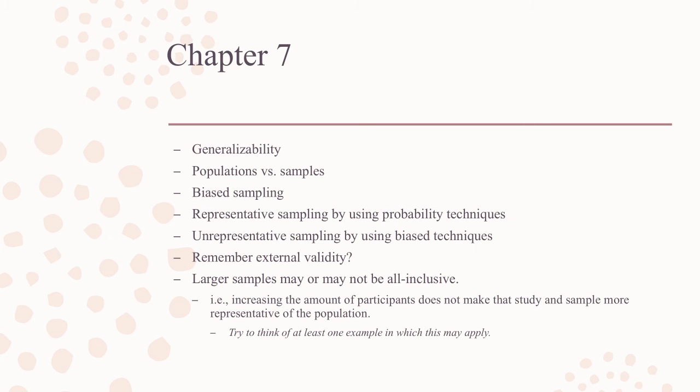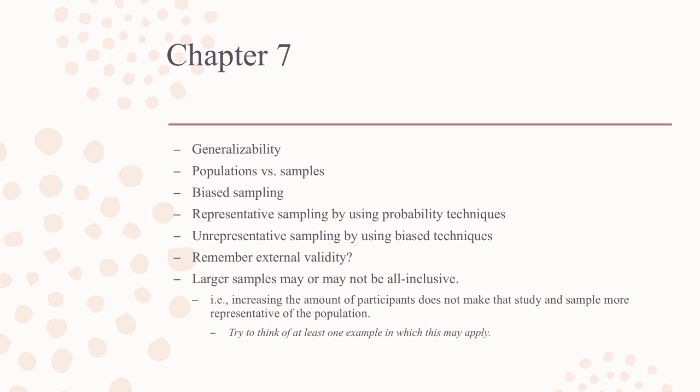So I wanted to ask you guys if you remembered external validity, because if we don't sample using probability techniques, we might not have a representative sample. So our results won't be generalizable and will then have poor external validity.